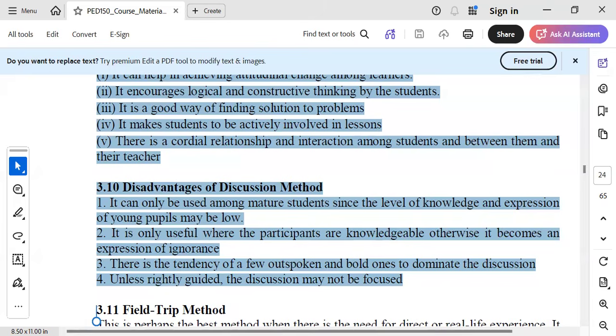Now, let's take, for example, what kind of topic can we teach using the discussion method? If you want to talk about causes of poor environmental sanitation in our community, that is a very popular case in Africa, even in Nigeria.